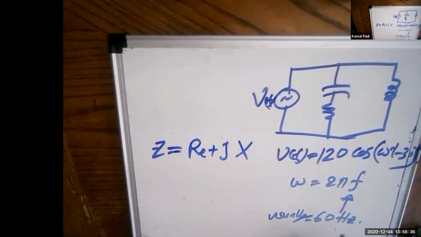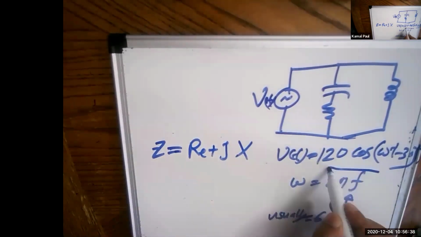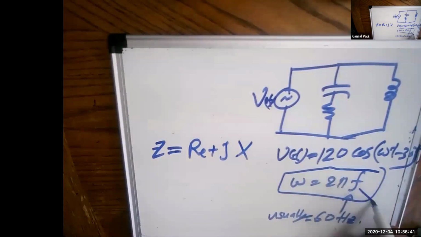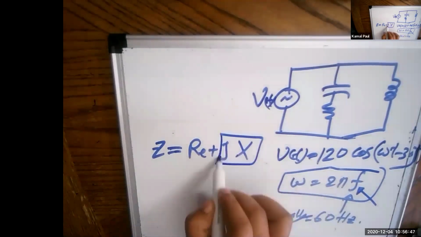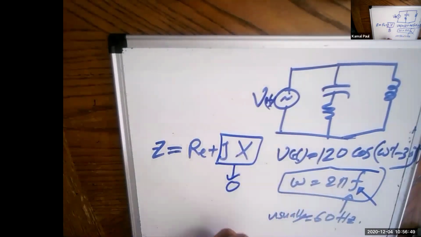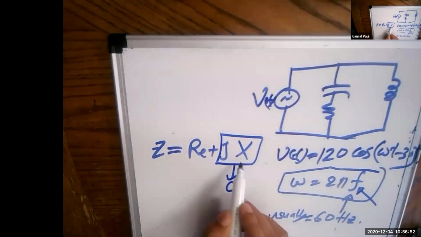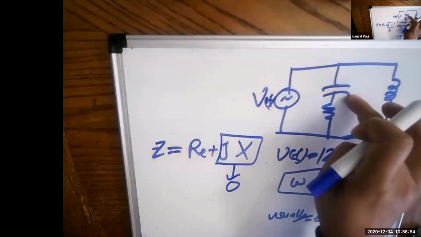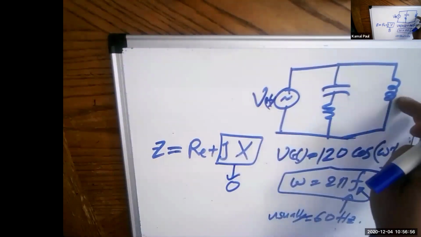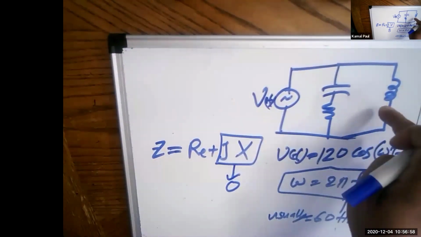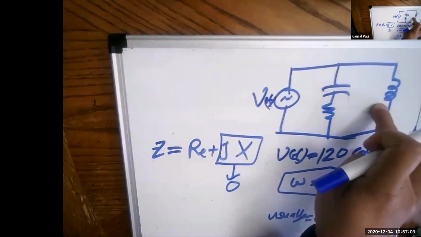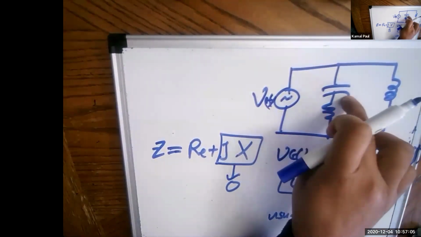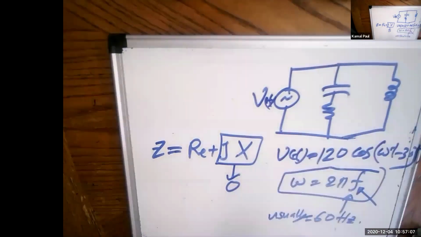Now, if we can vary this angular frequency, we can get a point where this portion will become zero. That is possible whenever there is a capacitor and an inductor. I told you the inductor gives positive reactance and the capacitor consumes that reactance because there is a negative sign.